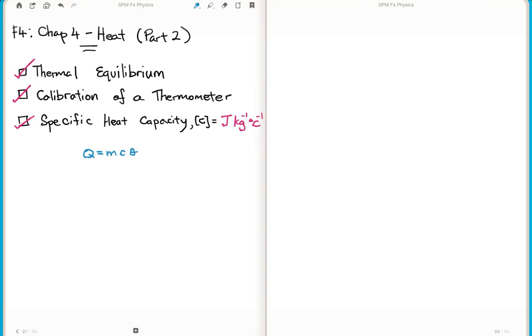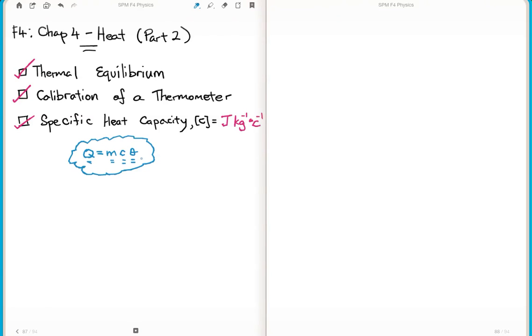It's not actually an equation from specific heat, it's from the definition, and then you use the symbols and get this so-called equation: the amount of energy is mass in kg times the specific heat of the material times the increase or decrease of temperature, which you call the change of temperature.